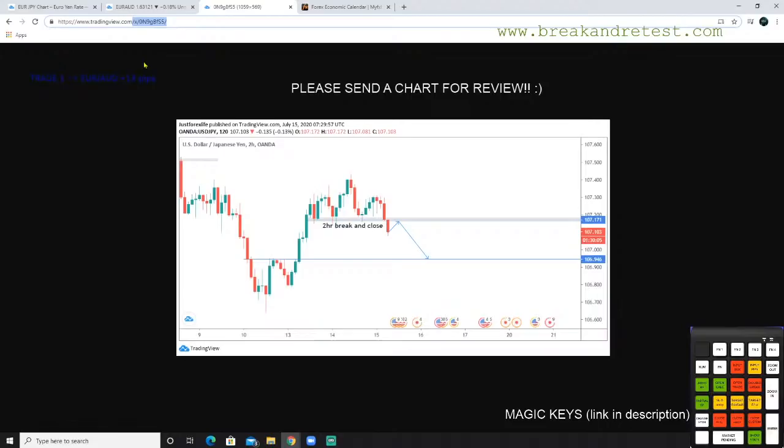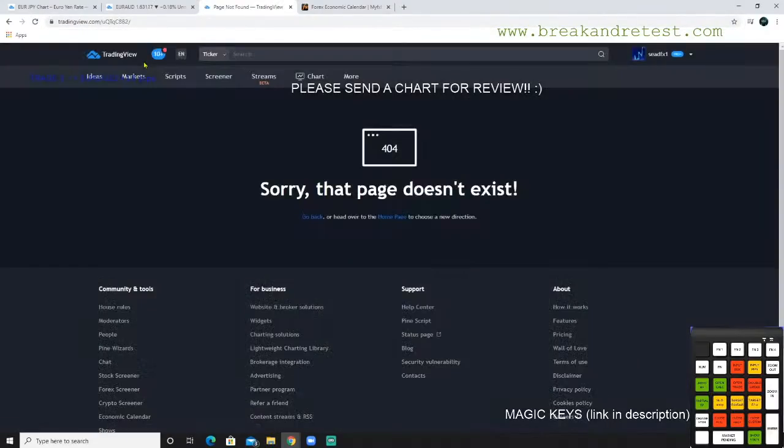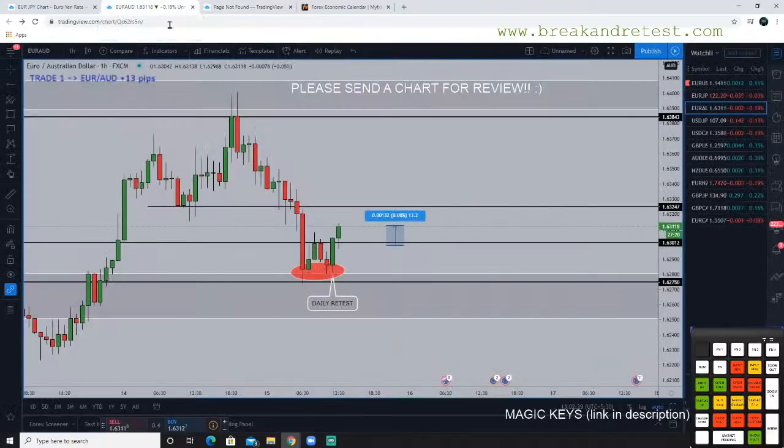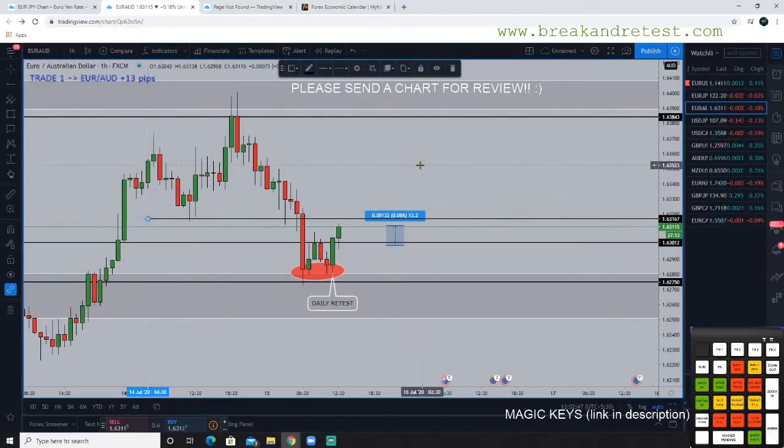Okay, let's take a look at this. Sorry, that page doesn't exist. The link you're sending is still wrong, Shubham. Why did I close? Because I got 13 pips and price was coming from the zone. So I wanted to protect my profits.